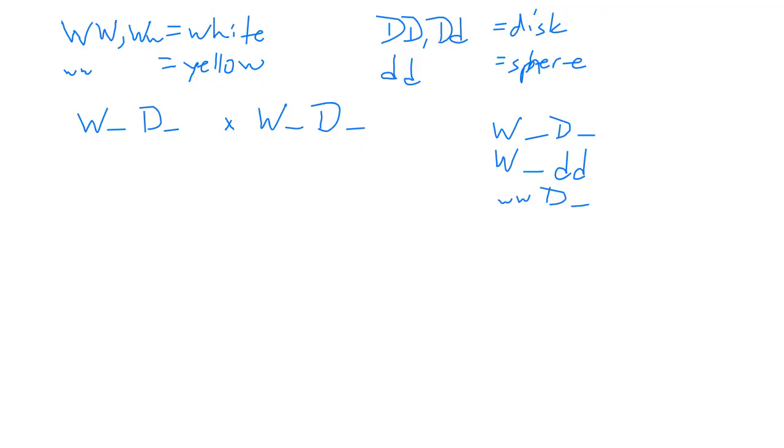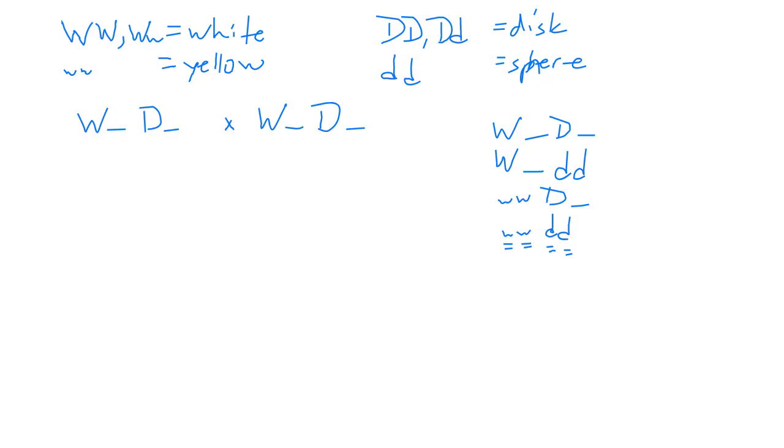And then lastly, we have yellow spheres. Yellow sphere we know is homozygous recessive for both characteristics because that's the only way to get yellow and the only way to get sphere. So we know these individuals have two little w's and two little d's.